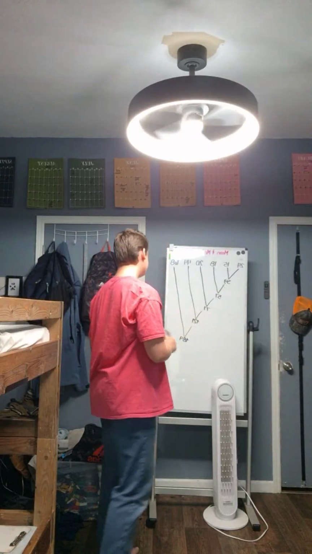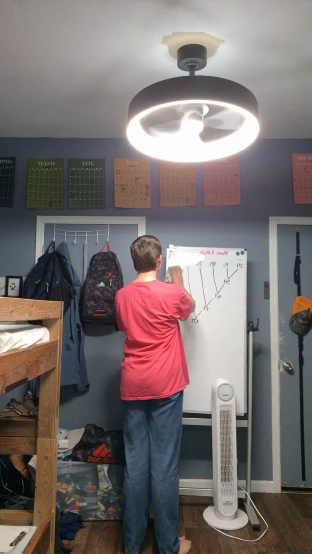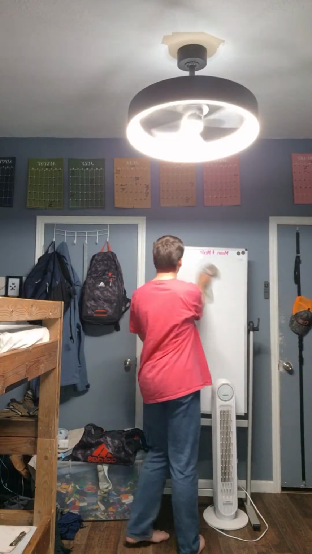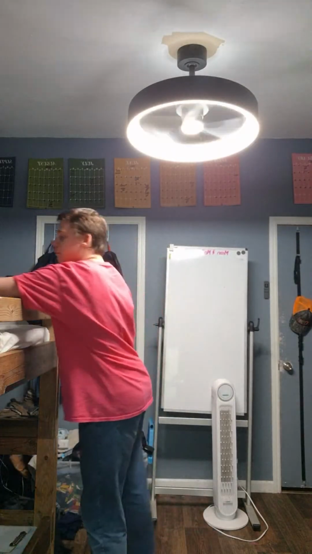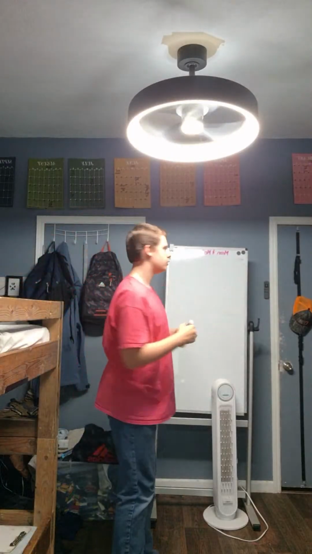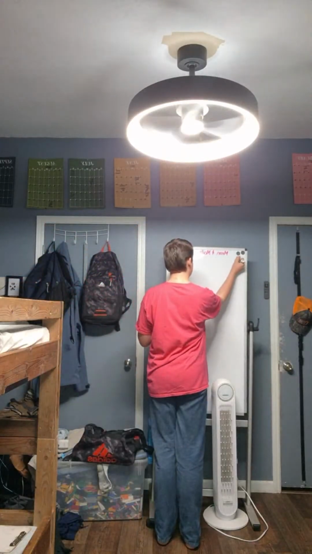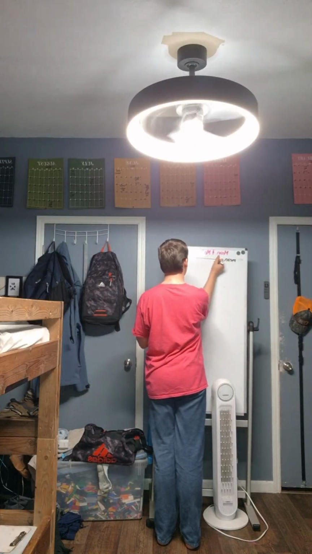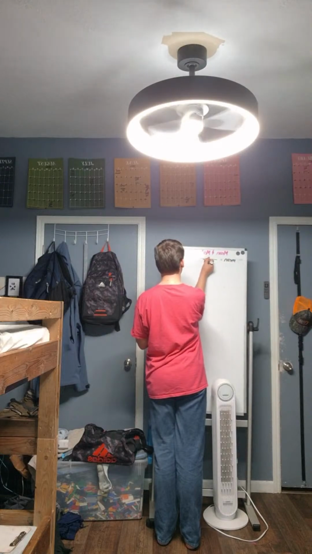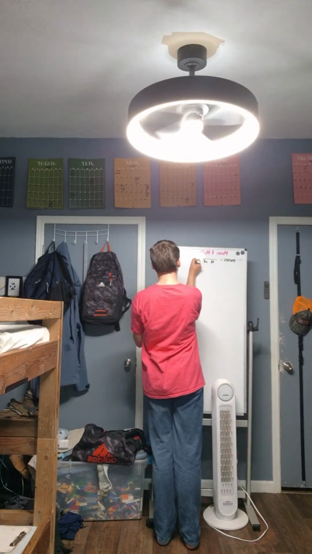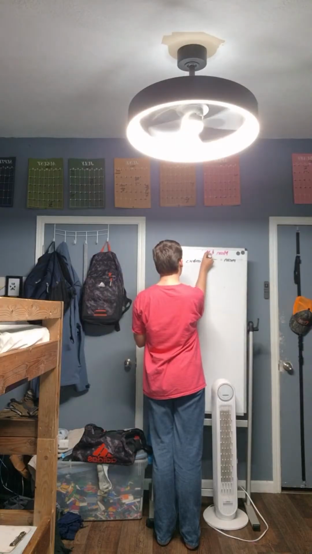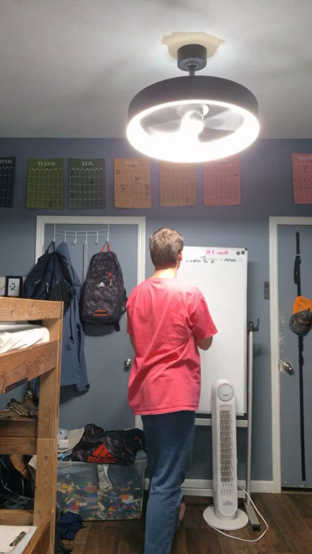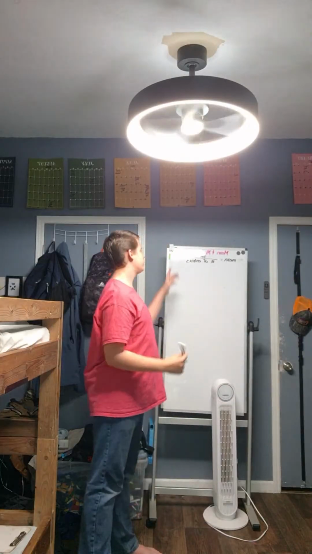So, 189. So, the mean. We could always use the template up there. Mean is equal to sum over number of entries. Class, why don't you do the rest?